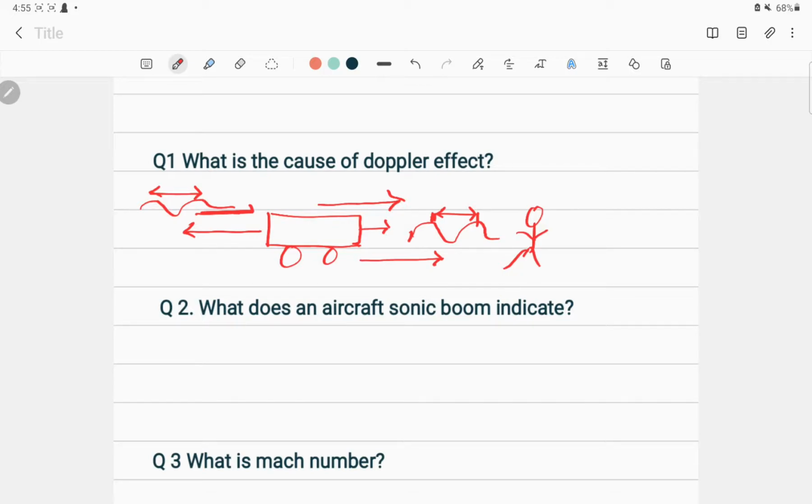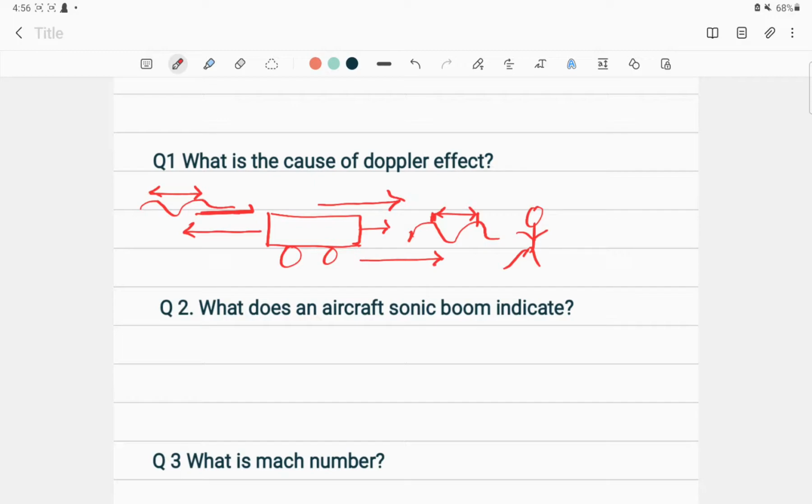So this is the cause of Doppler effect. There are many applications of Doppler effects. You can find the distance, you can find the velocity of the moving cars, and so many other objects. So this is very important effect.